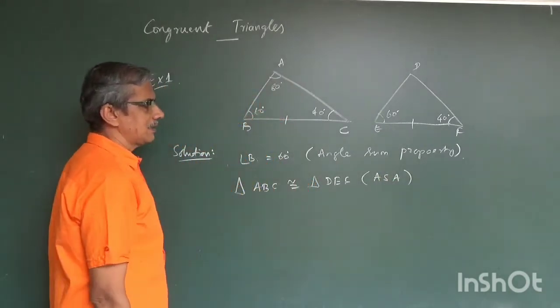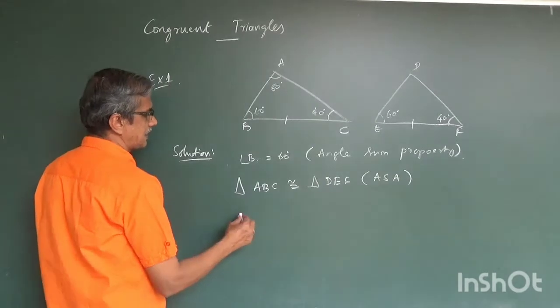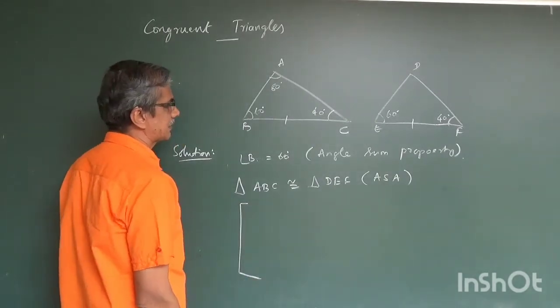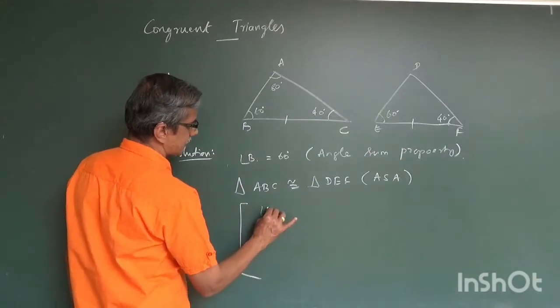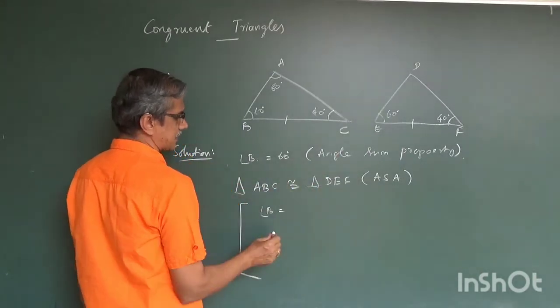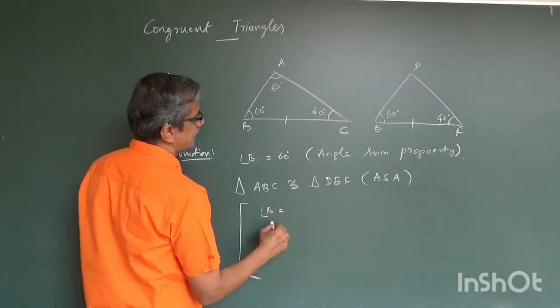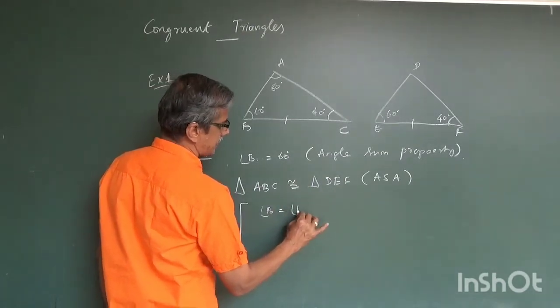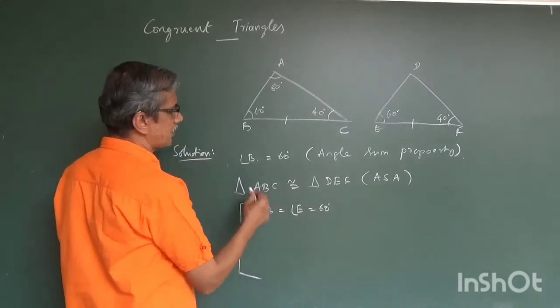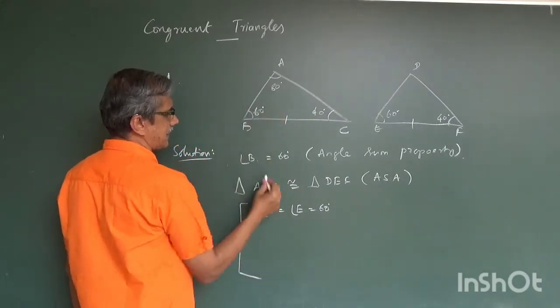Angle side angle congruency check. Then I will put all the reasons inside like this. What are the three reasons? Angle is the main thing, so I am writing it first and then the reasons. Angle B is equal to angle E is equal to 60. We have found this already.